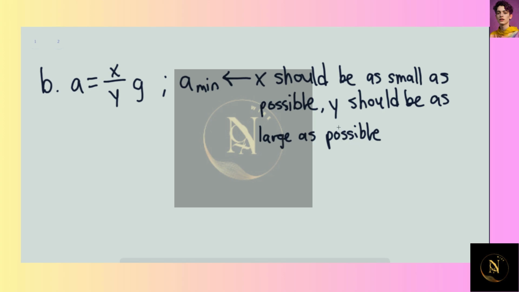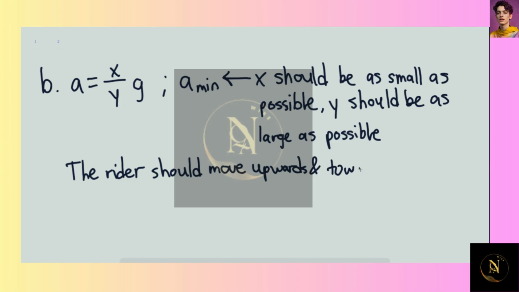We then know that the rider should move upwards and towards the rear of the bicycle. This would be for part B.